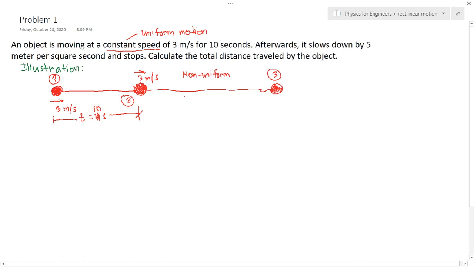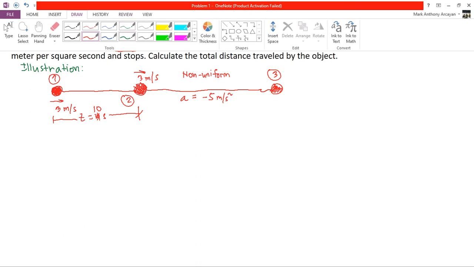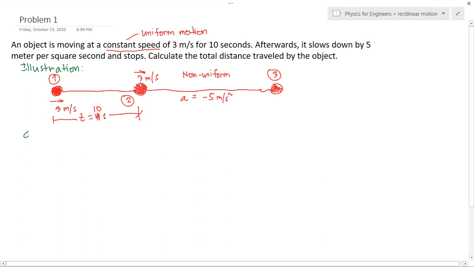So, here we have an acceleration of negative 5 meter per second square. So, it decelerates. And then, kung i-ano natin yung given, so, yan yung mga given natin. We have your given.